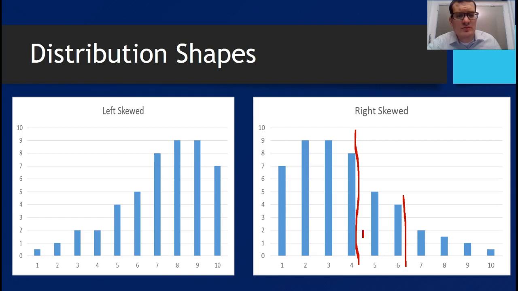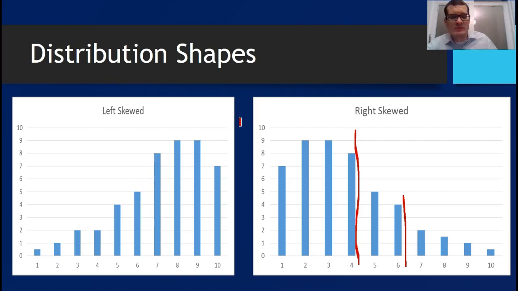So your average would be pulled towards the right of the median. And exactly the same thing happens in reverse with left skewed data. The median would be somewhere over here and the average would have been pulled to the left.